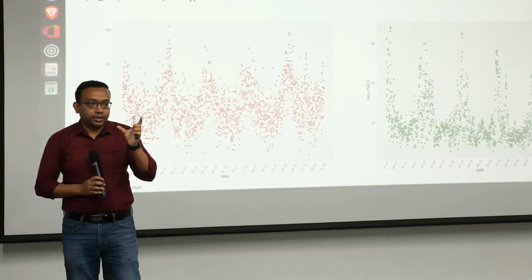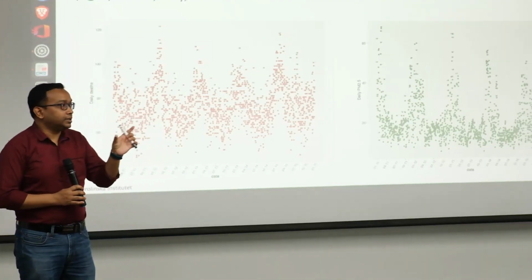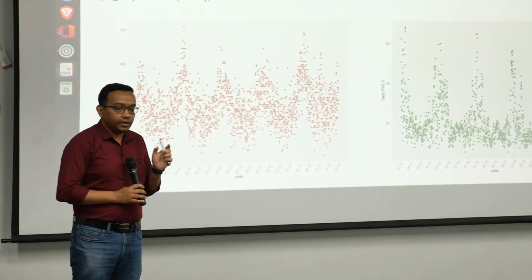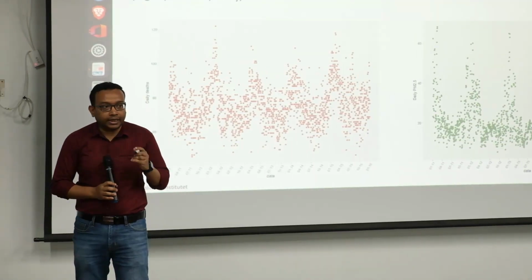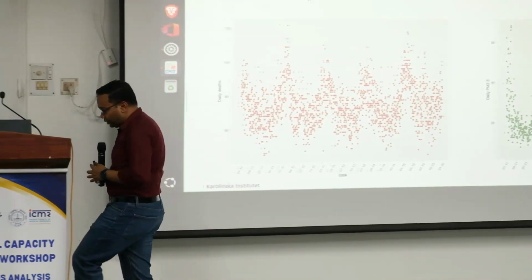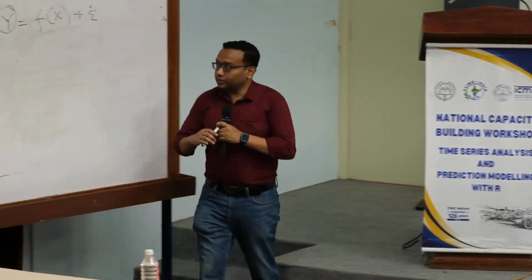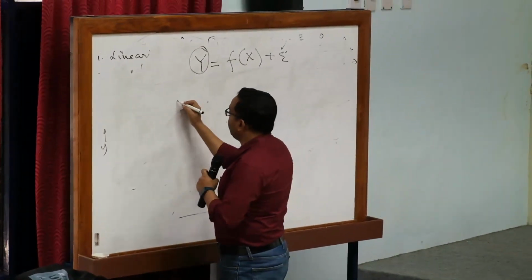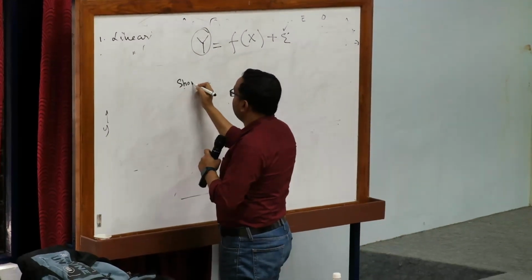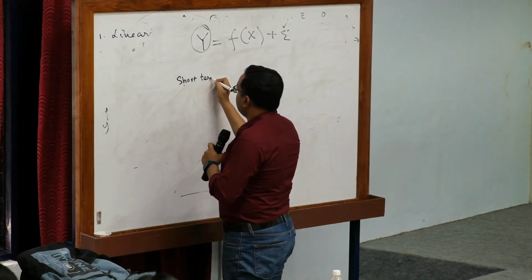What we want to do is, remember the arrow that we are interested in. Once you fix that, then everything else will follow from there, but that is something we need to fix. So we are looking at short-term changes.